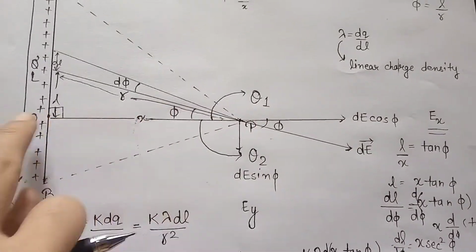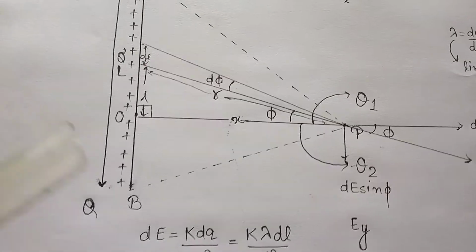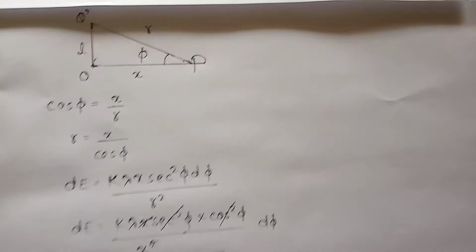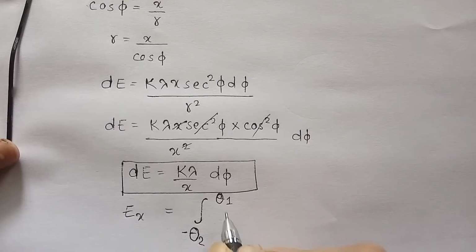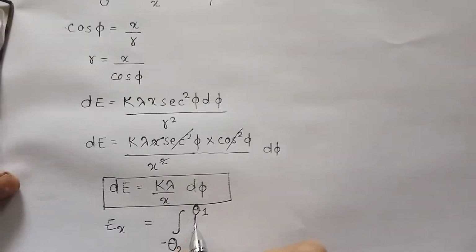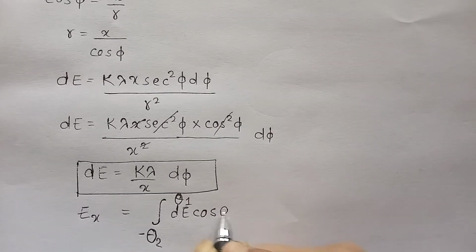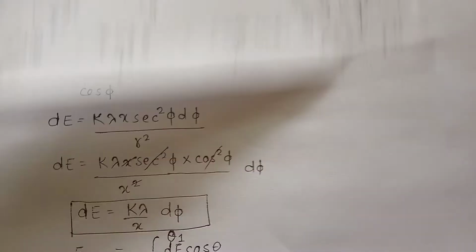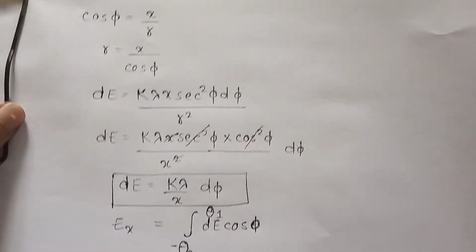Because from x, this angle is theta 2 and this is downward, so we can say it minus. So the angle will be minus theta 2 to theta 1 of dE cos phi, because dE cos phi is in the direction of Ex. So we have to find out its integration.